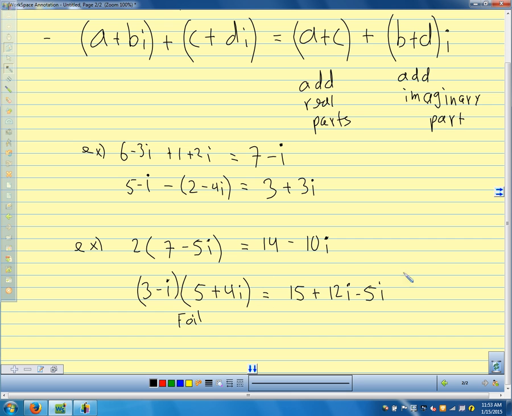And last we get minus 4i squared. And we're going to combine like terms. Combine the real parts and the imaginary parts. So I get 15 plus 7i. And i squared is negative 1 times negative 4 is plus 4. So we finally end up with 19 plus 7i. So remember that i squared is negative 1 and you'll be fine.